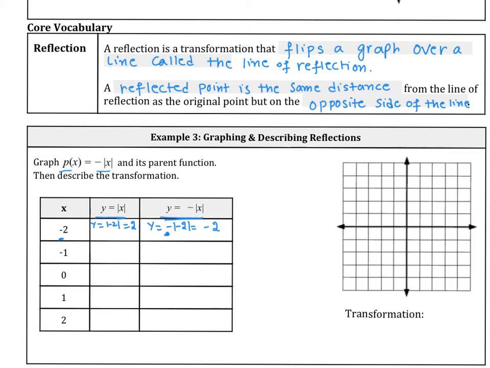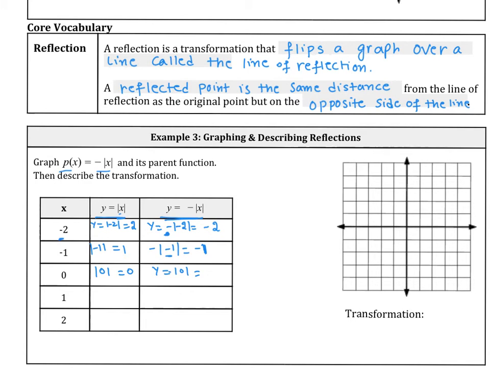For x equals -1, when you plug it here, you're going to still get +1 because the absolute value of -1 is +1, and when you plug it in this one, you're going to get -1. This will make it positive, but the outside negative will make it -1. For 0, you're going to get 0, and for here also you're going to get 0.